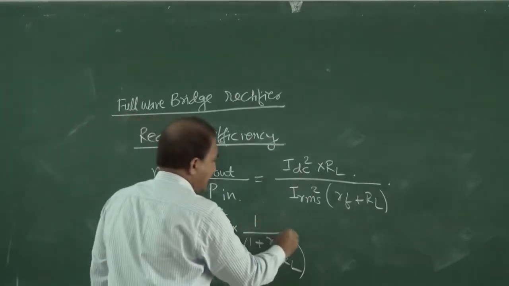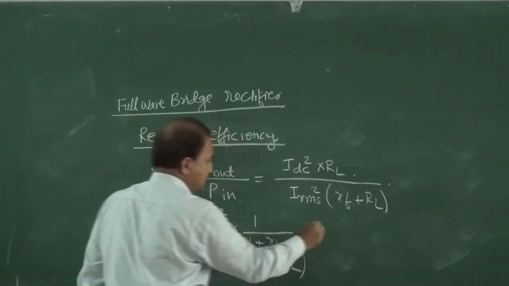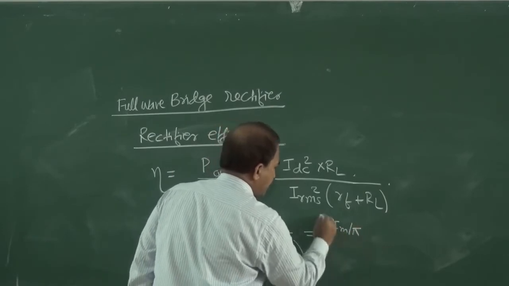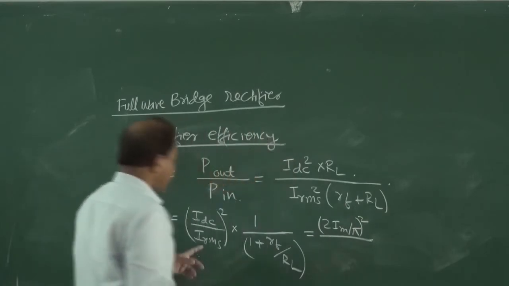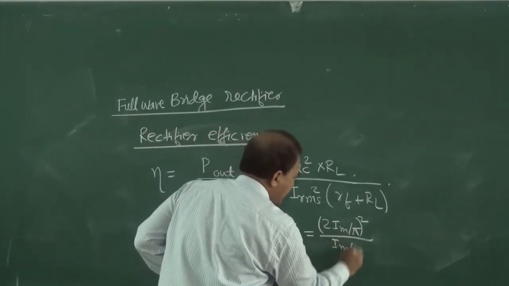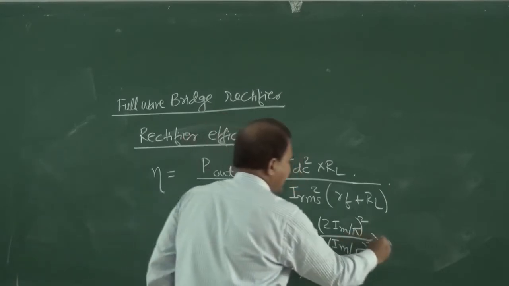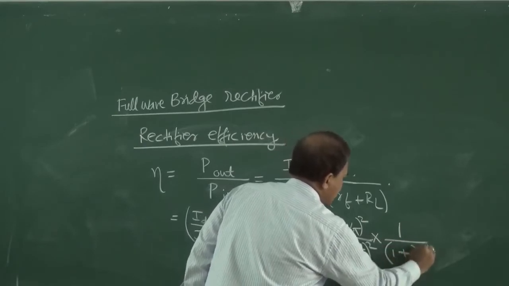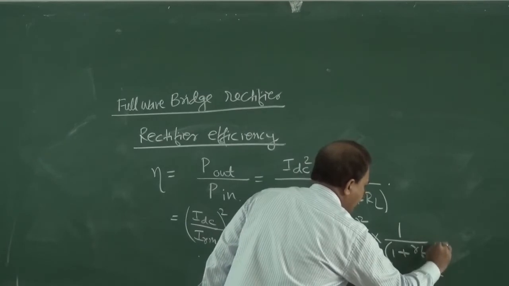So this ratio IDC by IRMS, IDC can be expressed as 2Im by pi, squared, divided by IRMS, which is Im by root 2, squared, into 1 divided by (1 plus RF by RL).